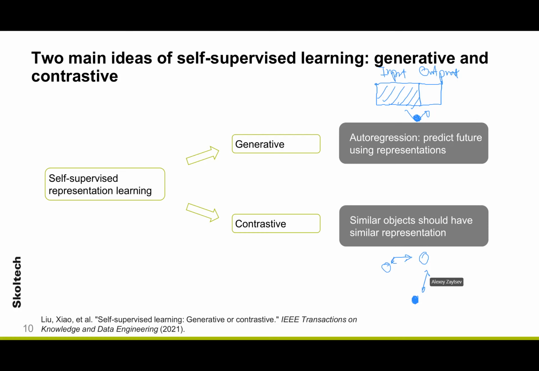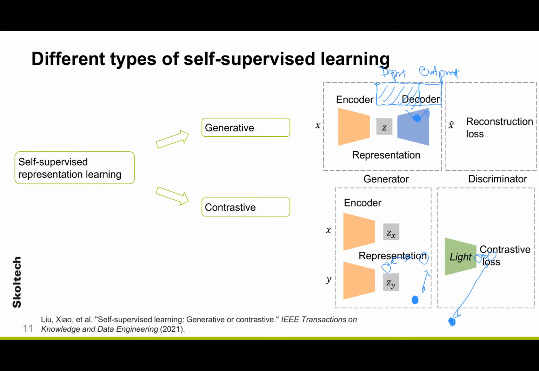So after learning, we want to have something like this in the embedding space. This is the basic idea of contrastive learning, and it relies on the idea that we can somehow generate pairs of similar and pairs of distinct objects. We will dive deeper into this part a bit later.